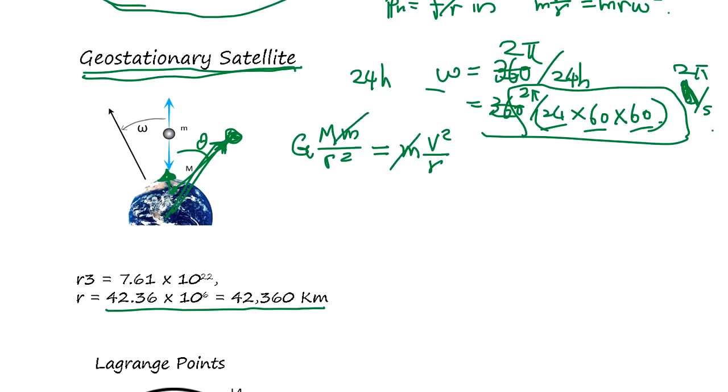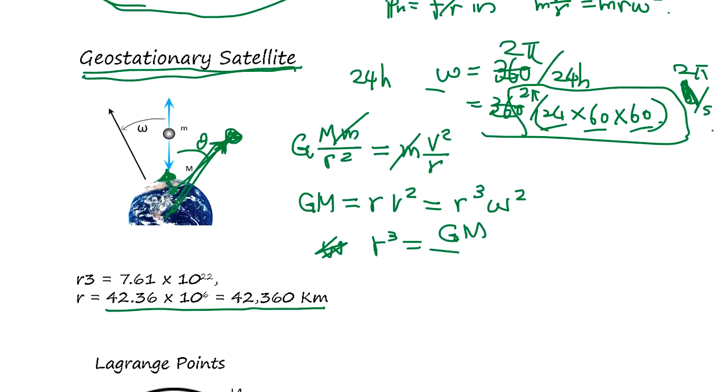So we say the satellite weight doesn't matter, and GM over r square is going to be v square over r, is going to be r omega square. So the r cube is GM over omega square. Omega, we know omega is this one.